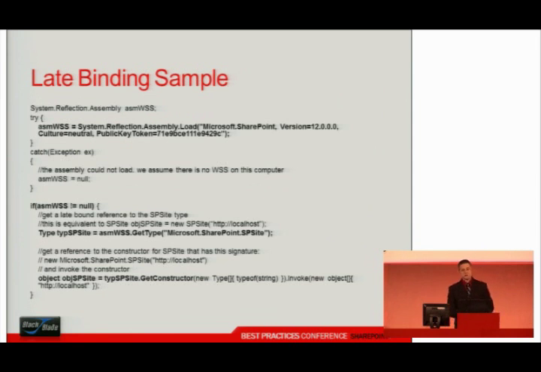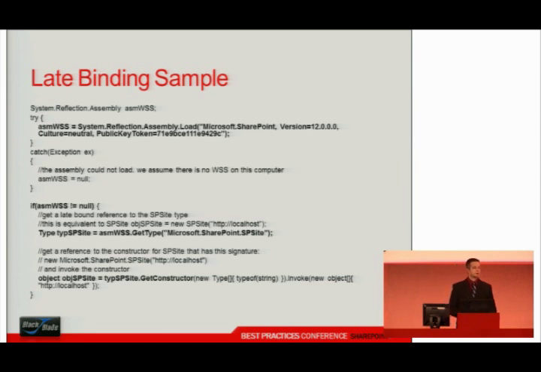So late binding code. Again, we're doing the same thing. We're trying to check to see if the SharePoint assembly is loaded. So are we running on at least SharePoint v3? And if we're doing that, notice here, we're not actually ever declaring any object of type Microsoft.SharePoint.something. All of our object declarations are of type object.